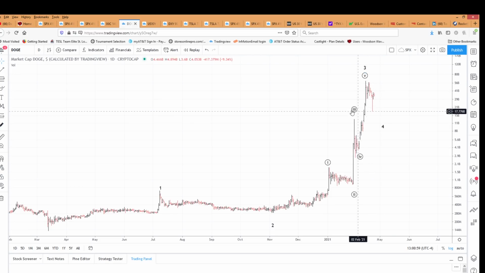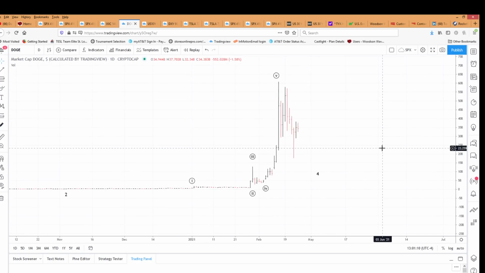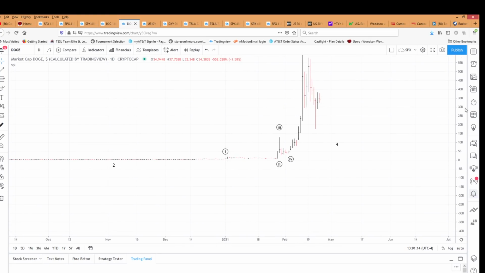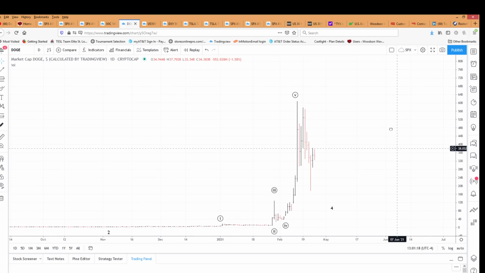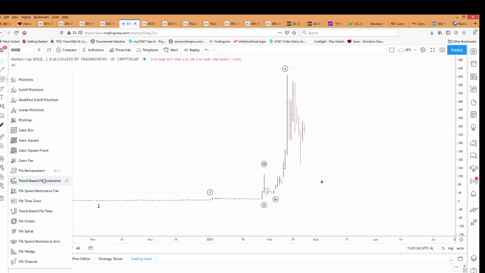4 down. I may have to get out a log scale. We're on a daily chart. Let me get out a log and see if I can get that 4th wave retracement there. Okay, and 1, 2, 3, 4, 5. Let's make this a little bigger. There we go. And we'll get this retracement for the 4th wave here.